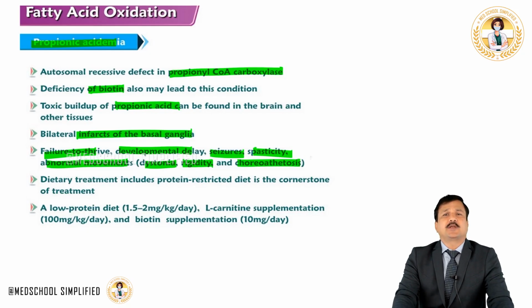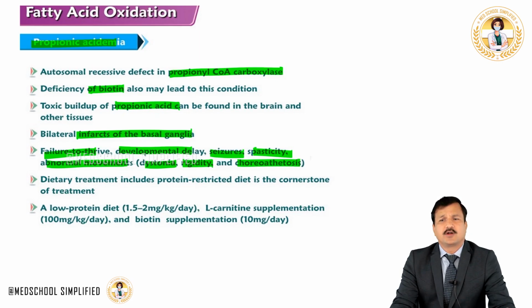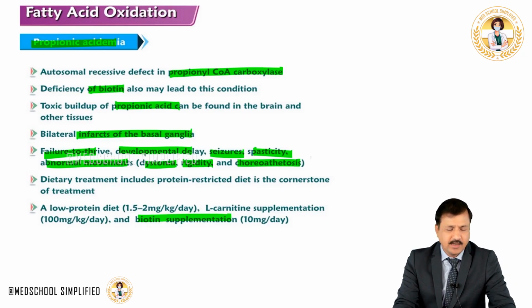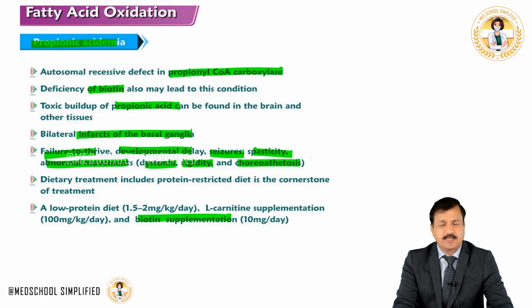The dietary treatment includes a protein-restricted diet, which is the cornerstone of treatment, a low-protein diet, L-carnitine supplementation, and also biotin supplementation will help in propionic acidemia.